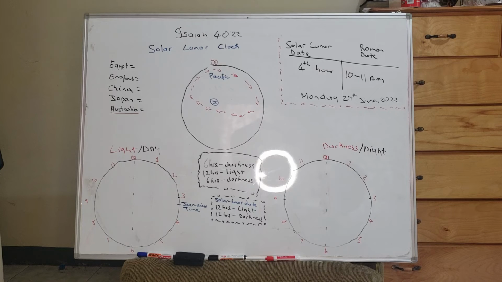Japan, while in Jamaica having 10:22 a.m., which is the fourth hour, Japan is now having 12:20 a.m., but it is now the 28th, which is Tuesday of June 2022, right?